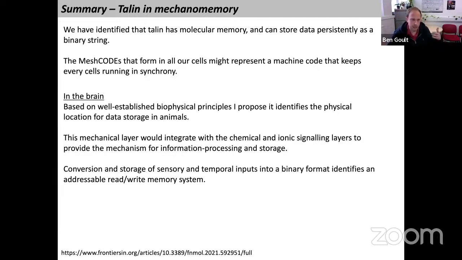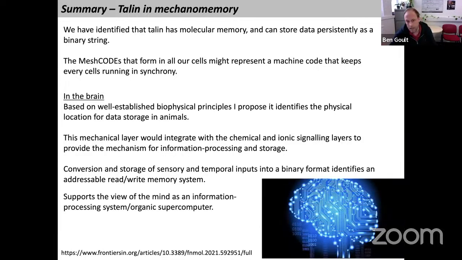And because everything's getting converted into a binary format, I think that indicates a read-write memory system. So I look forward to getting shot down on that. But I think that's basically an extrapolation of what we're physically seeing on these individual memory molecules. And I think that enables classical computational information processing systems and some sort of mechanical supercomputer.